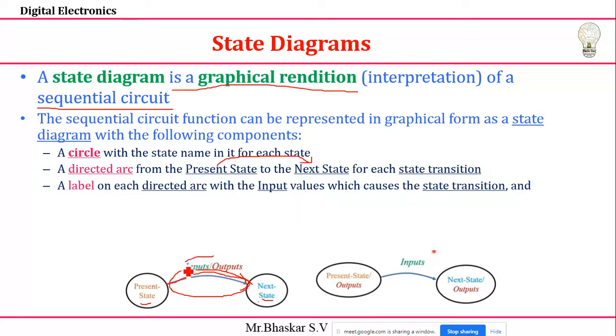We are going to mention inputs or outputs depending upon the style, Mealy or Moore, but we are going to use one label. If we take any state diagram, these three are very important: the present state, the next state, and a transition from the present state to the next state by the arc, and this arc has some labels. These are the components we are going to use in any state diagram.